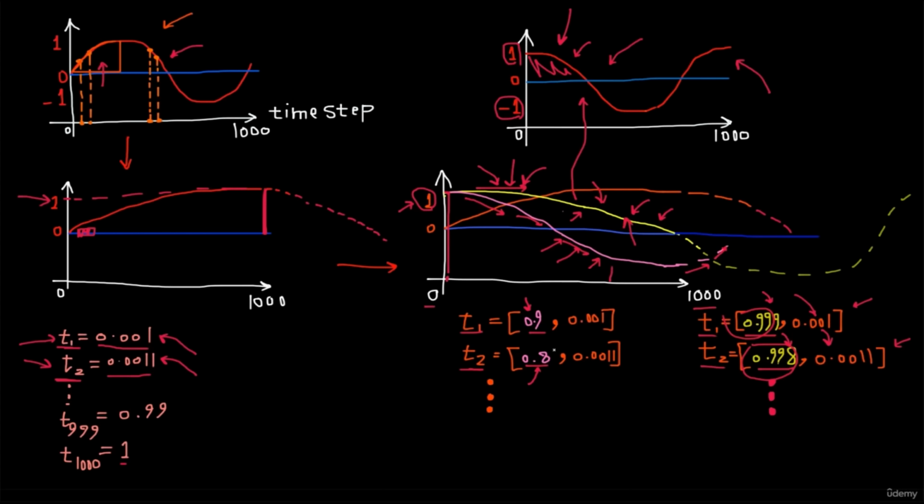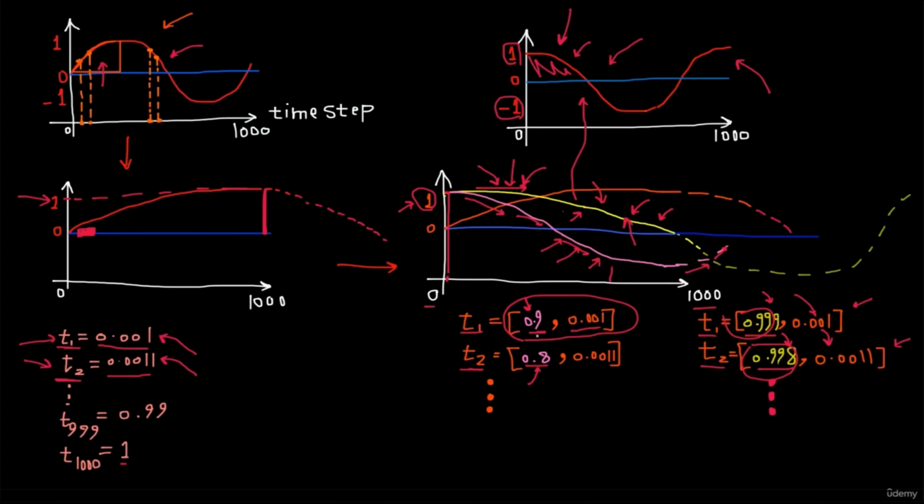So when our neural network sees this positional embedding vector, firstly, it will see this value 0.001. So our neural network will be sure that our real time step is within a specific range, let's say this range that has time step 1 and time step 2.